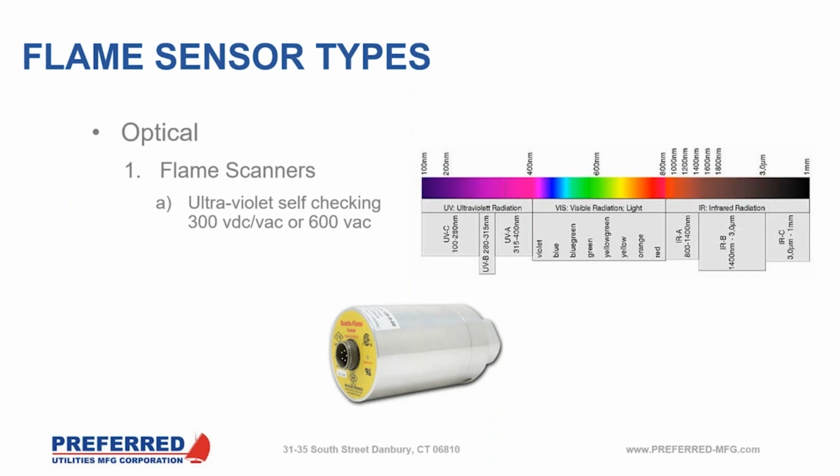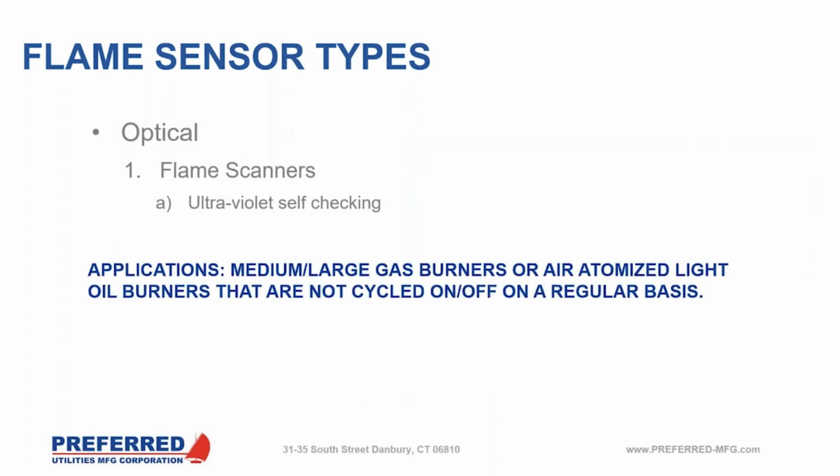So this is very important, because if you have a self-checking scanner, then your application can run 24/7, 365. So the ultraviolet self-checking scanner is extremely important. There are way too many applications out there where people are utilizing the standard UV scanners where they should be using the self-checking scanner.